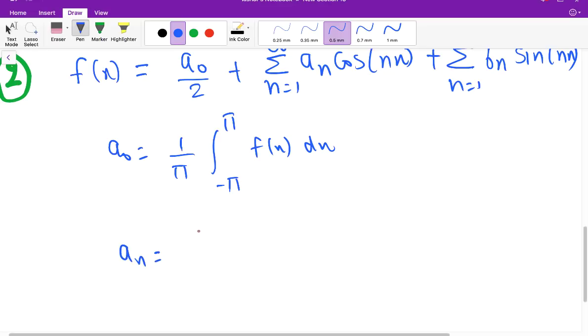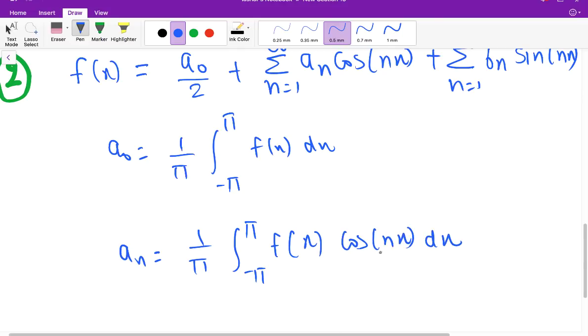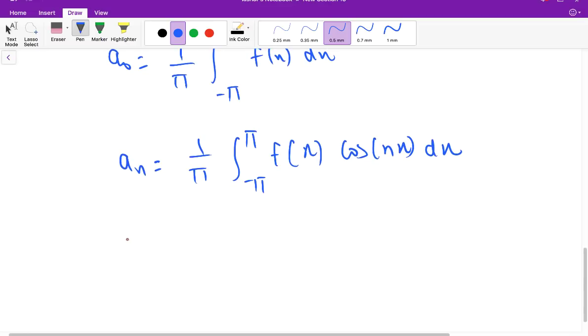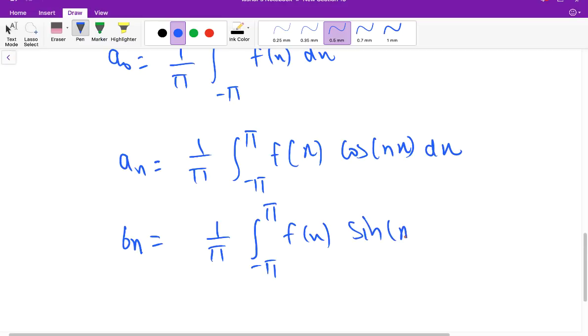An should be 1 by pi, integral from minus pi to pi of f x cos of nx dx, and bn should be 1 by pi, integral from minus pi to pi of f of x sin nx dx.